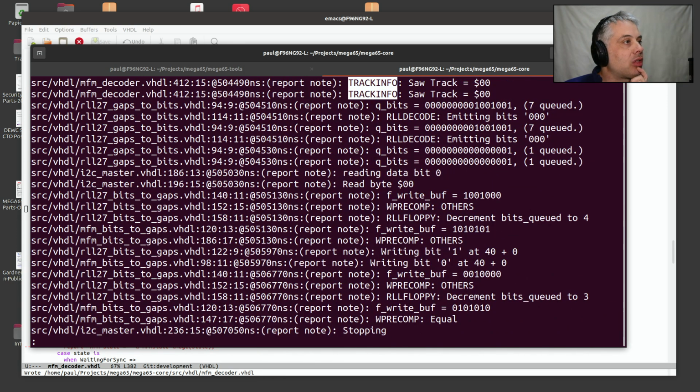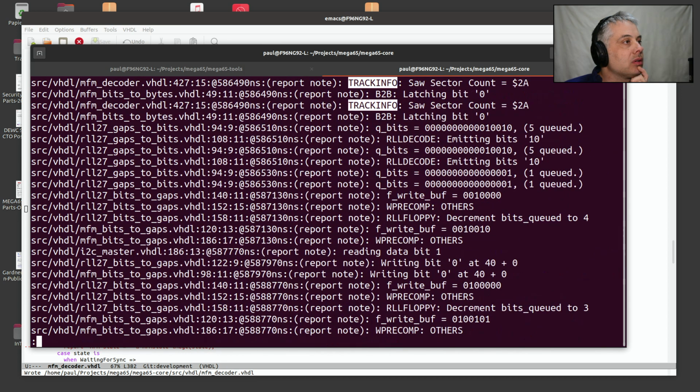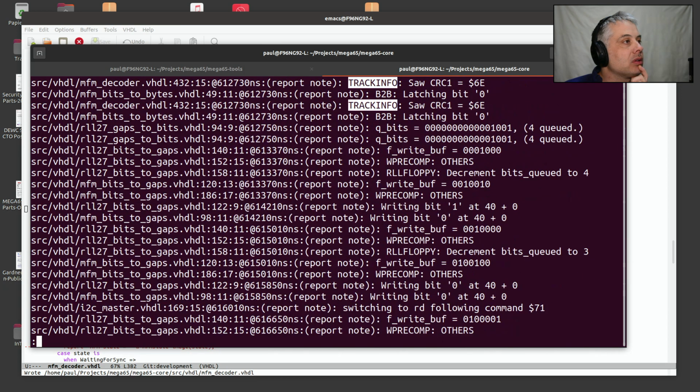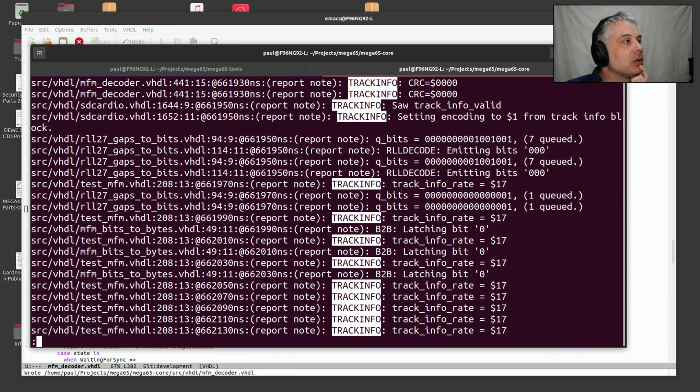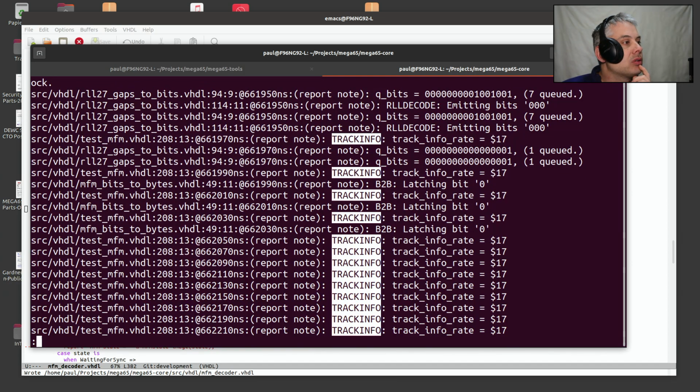So what we should see is a little bit further down. Track info. Oh, okay. Why are we printing that out all the time?